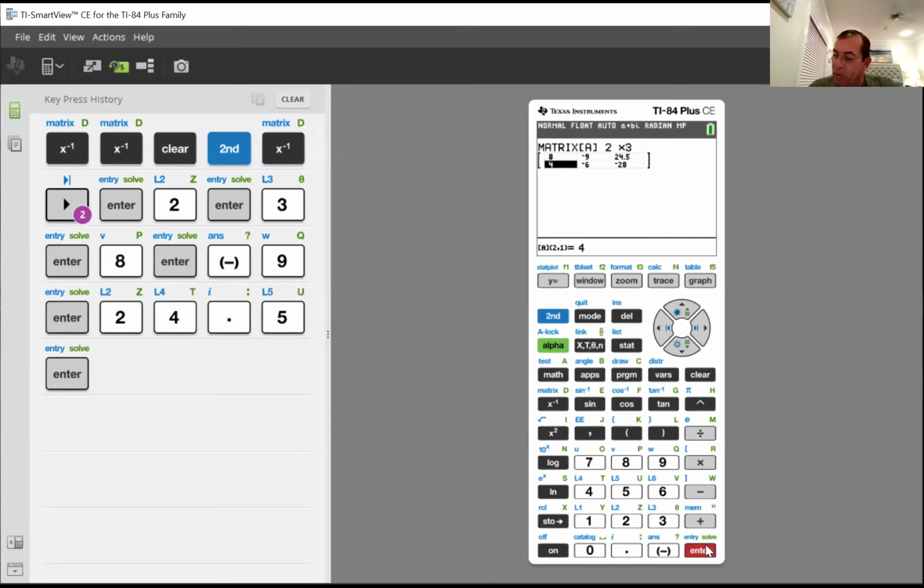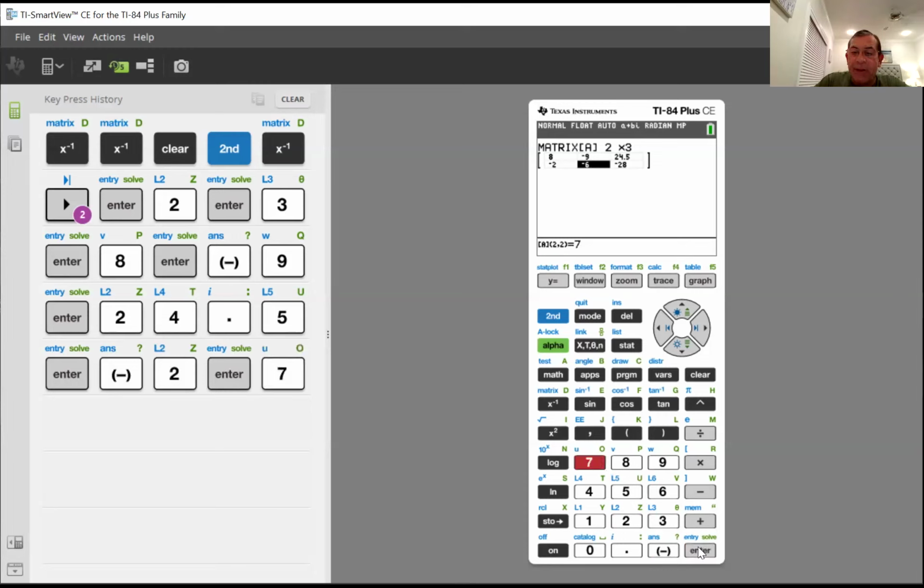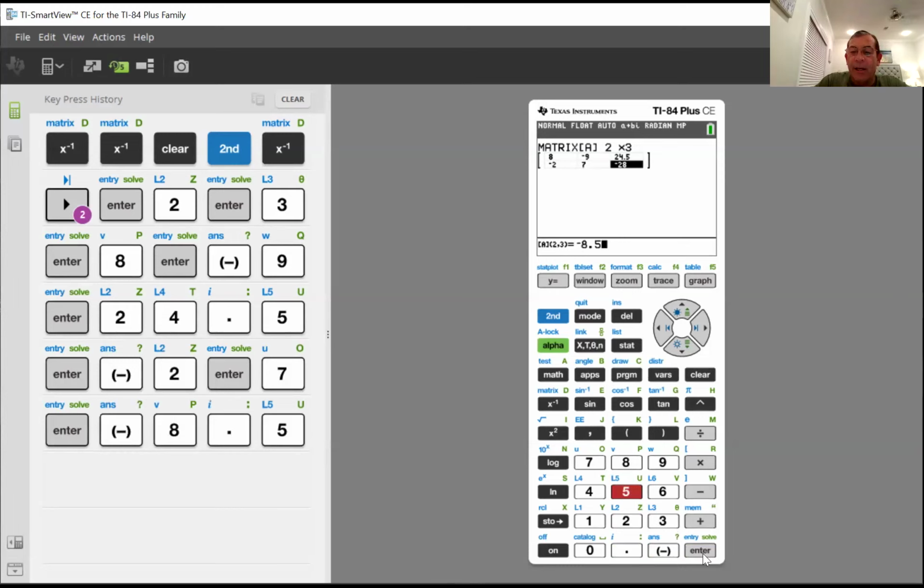So there's my first row, 8x minus 9y equals 24.5. Second row, I had a -2x, so that's going to be a -2, enter. I had a 7y, so that'll be 7, enter. And then that one equaled -8.5.